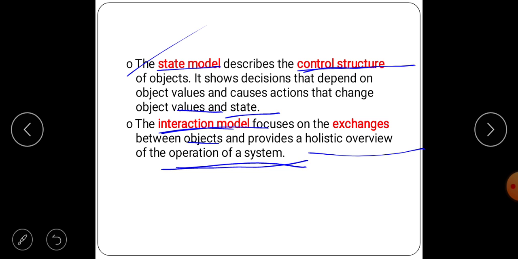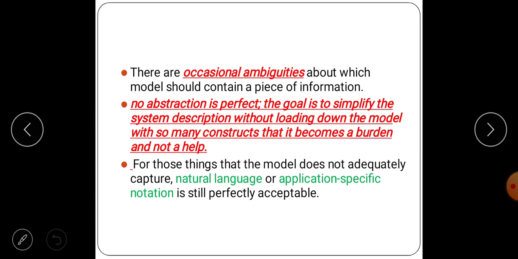Next, there are occasional ambiguities about which model should contain a piece of information. Occasional means not regular. Ambiguous means some confusion.